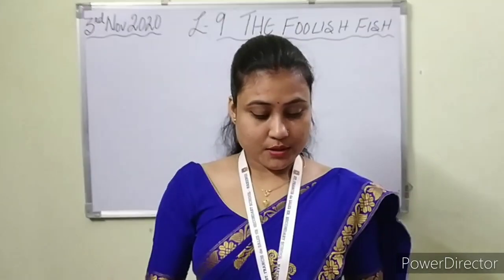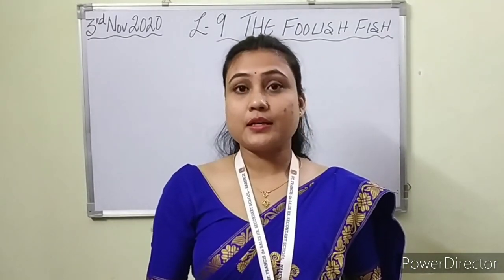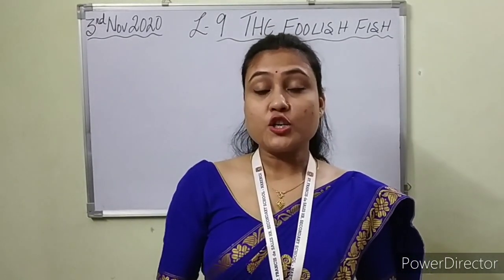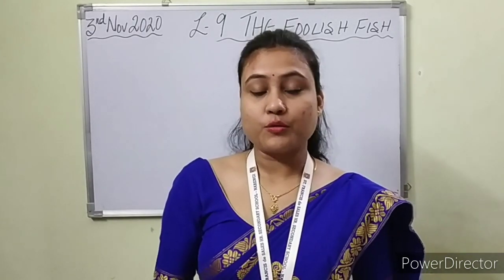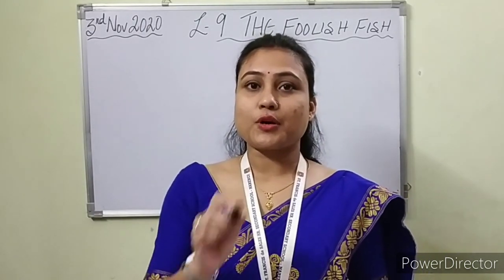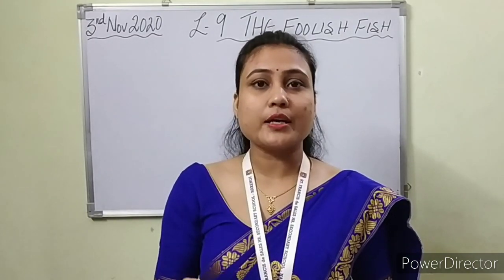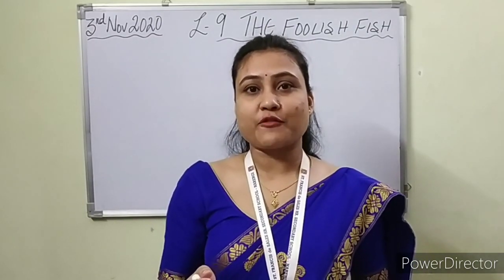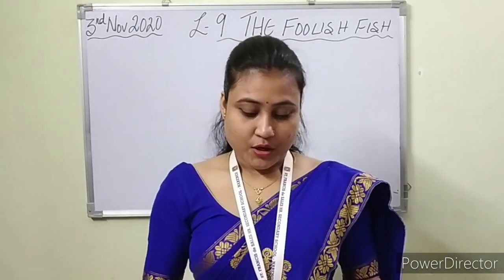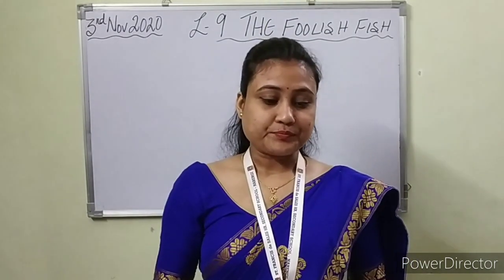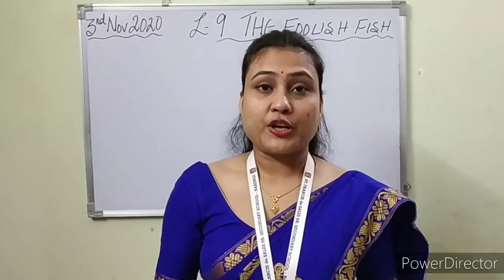Please take out page number 3 of The Foolish Fish, and you all know the rule of reading. You have to point your finger while I read, and repeat after me, right? Okay, let's start. The Foolish Fish.